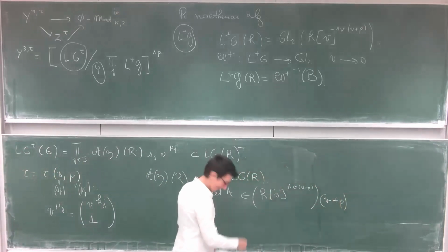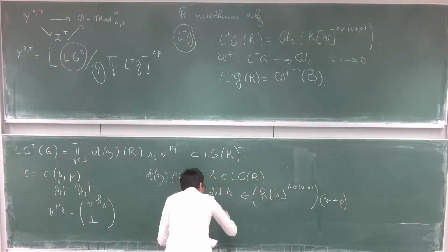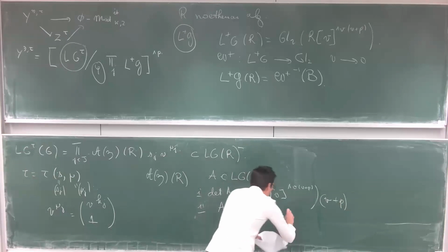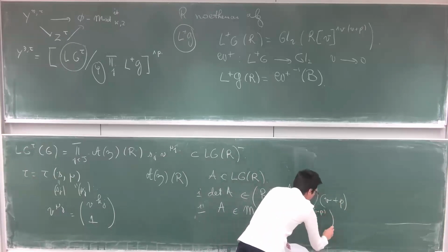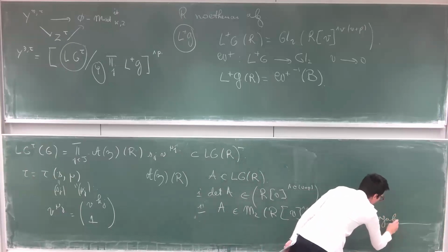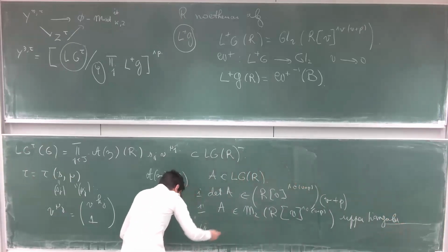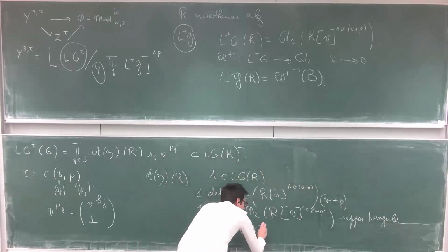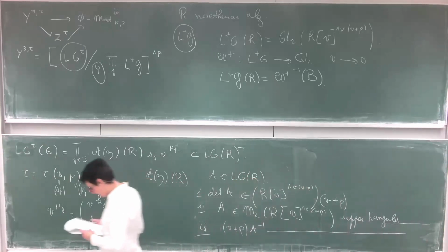You have a 1 here. And you also have that this matrix has entries in this ring, and it is upper triangular. So it's a nice way to write the Breuil-Kisin module. And v to the power mu and minus mu have the same property. Okay, so this is really explicit.